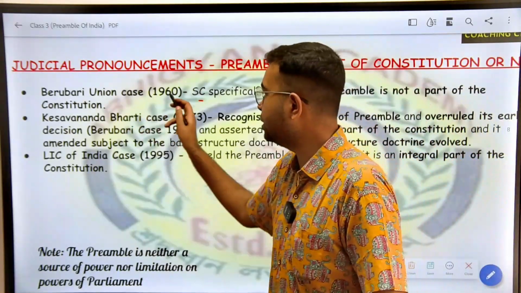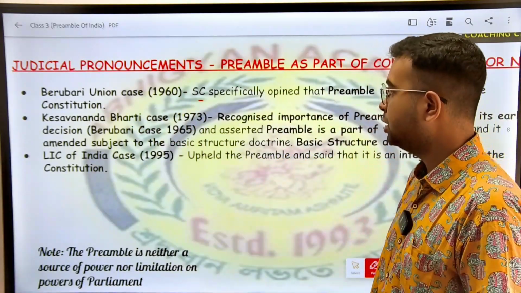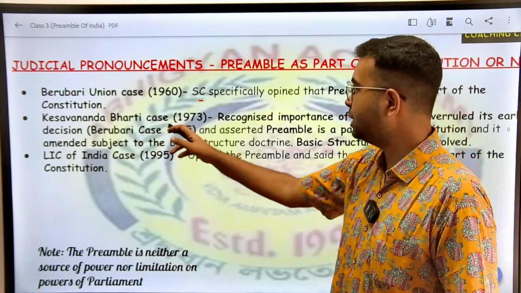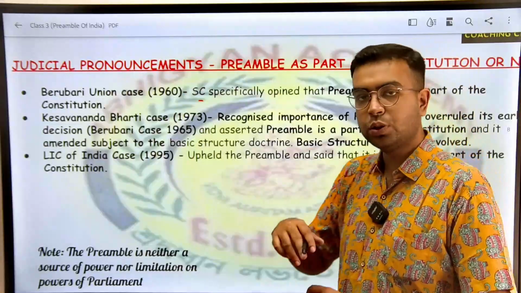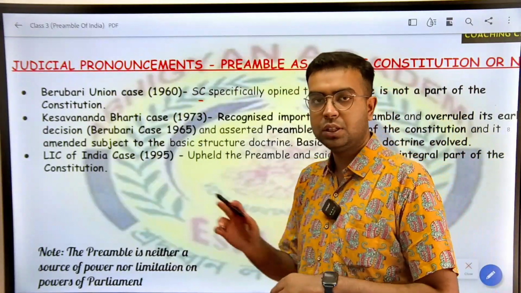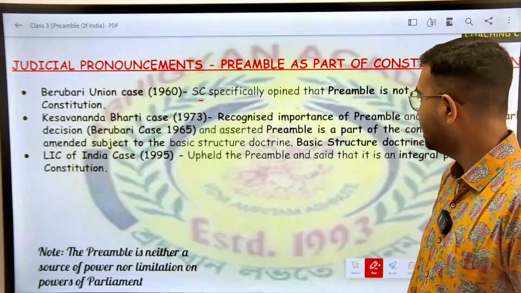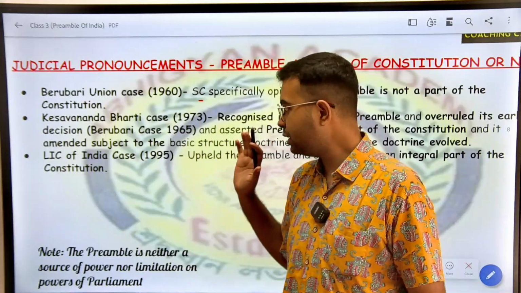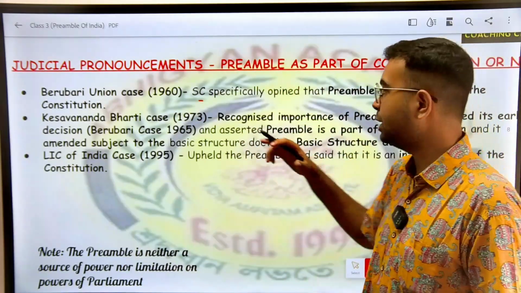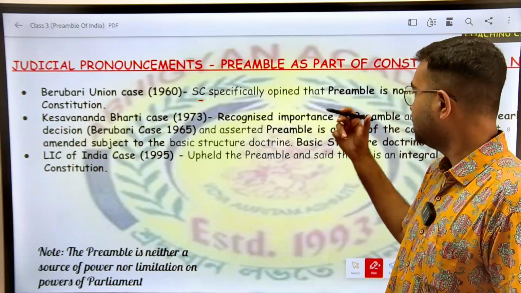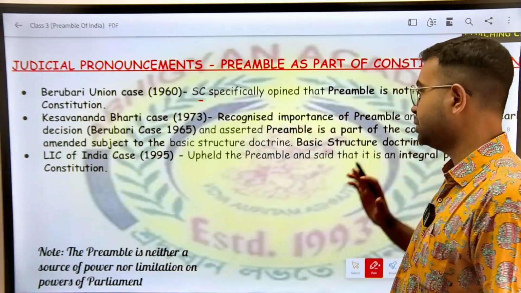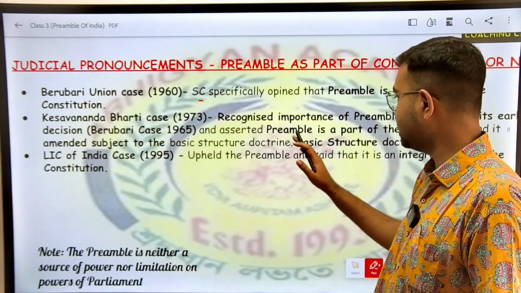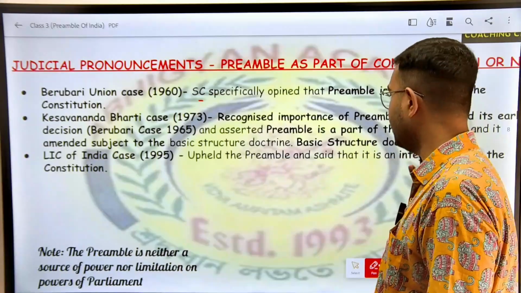But later on, in the Kesavananda Bharati case of 1973, the Supreme Court took a complete U-turn from its previous judgment on the preamble and said that they are overruling their own Berubari decision. They said in the Kesavananda Bharati case that the preamble is a part of the Constitution and it can be amended, subject to the basic structure doctrine.